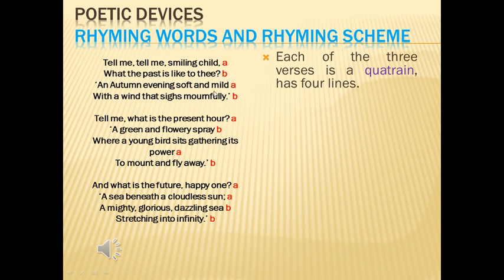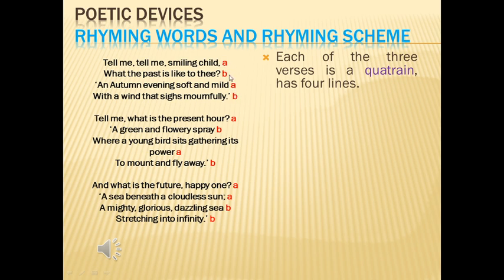Let's come to the third line then. An autumn evening soft and mild. Mild and child have got a same sound. So I have repeated the alphabet A for it because for child I had used A. Same sound, child, mild.